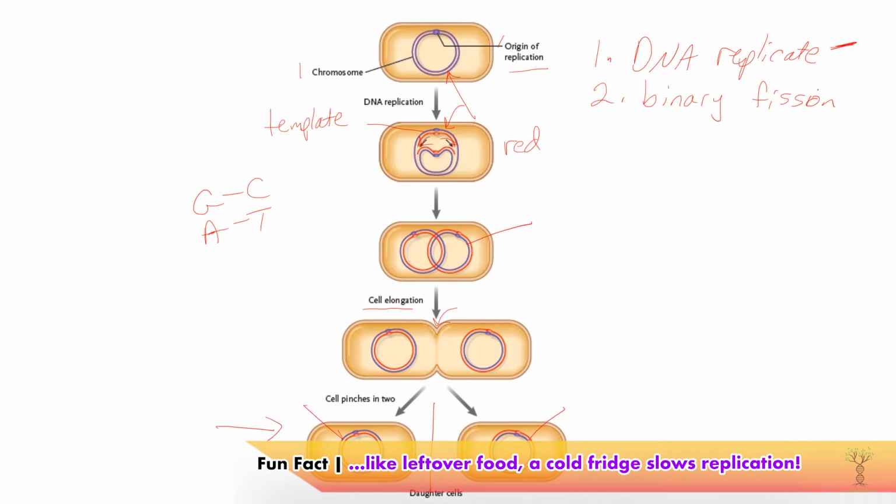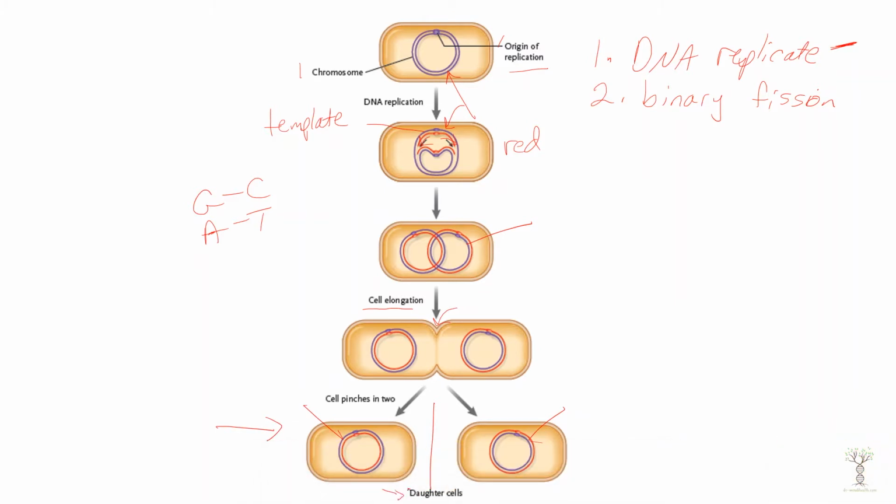So these two new daughter cells are exactly the same as the original cell. So in this example, bacteria are reproducing through a process that is asexual. They are the same. The original cell is exactly the same as the two new daughter cells.